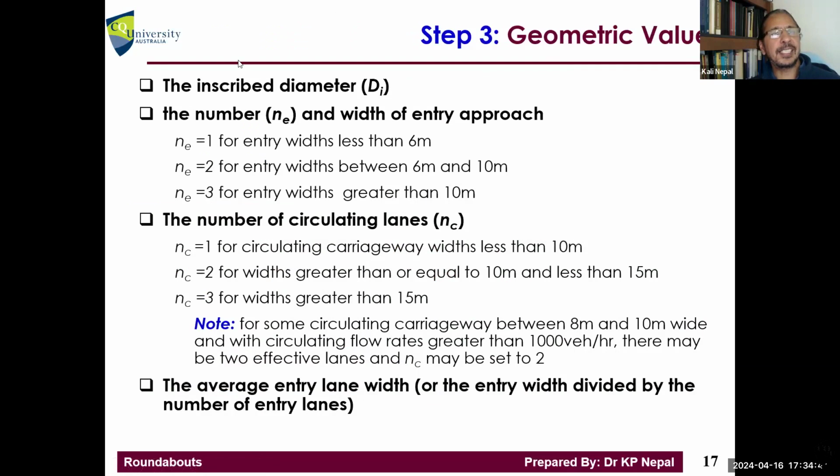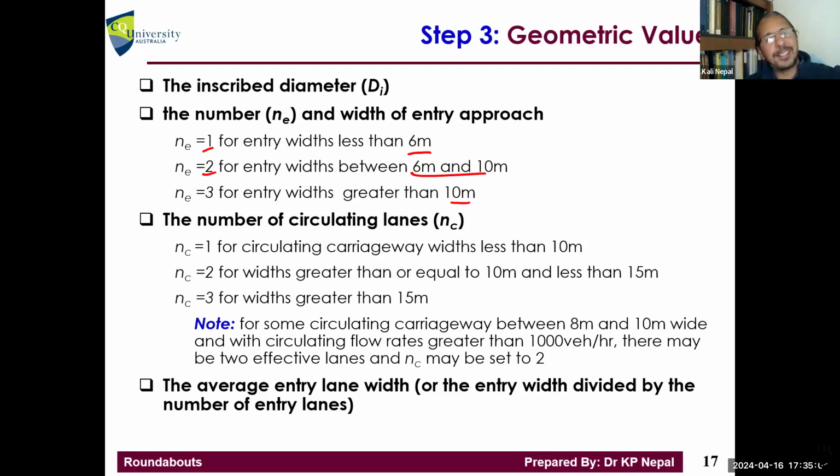Based on the given geometric values, we can also identify the number of lanes. If the entry width is about 6 meters or less, there will be only one lane. 6 to 10 meters, there will be two.